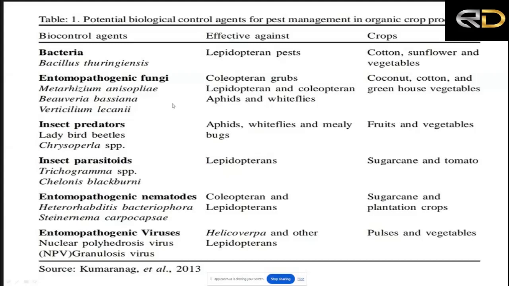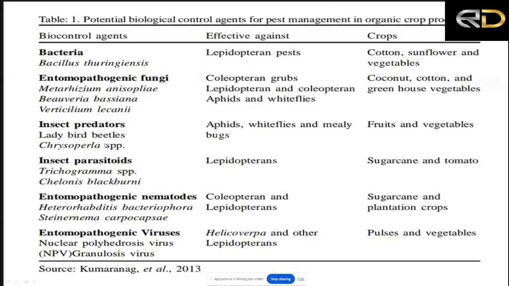Then insect predators feed directly on pests. What we have to do is increase the interaction and attractiveness of natural enemies, such as ladybird beetles and Chrysoperla species.